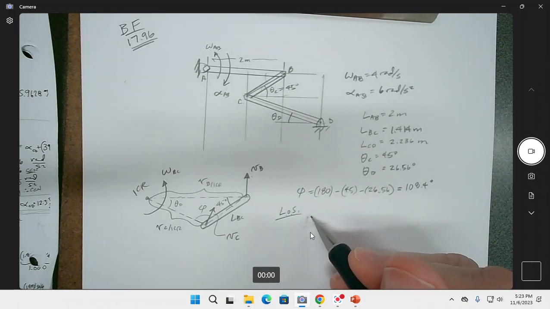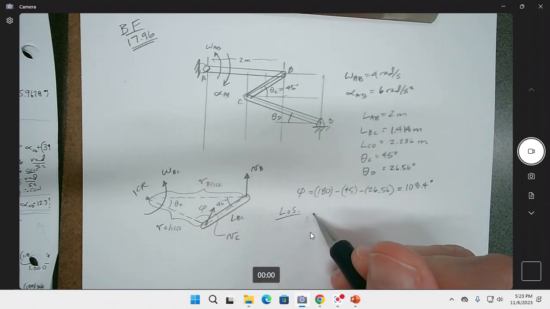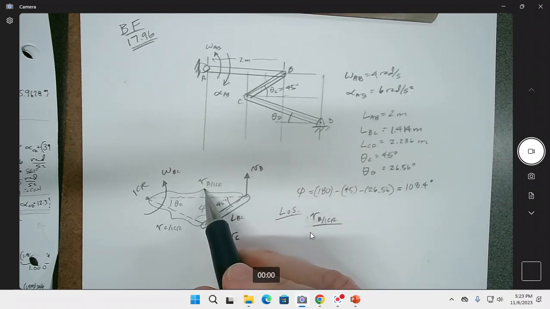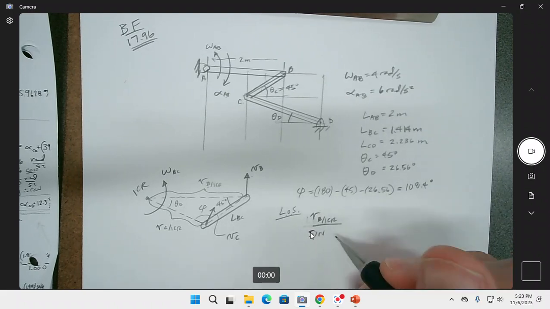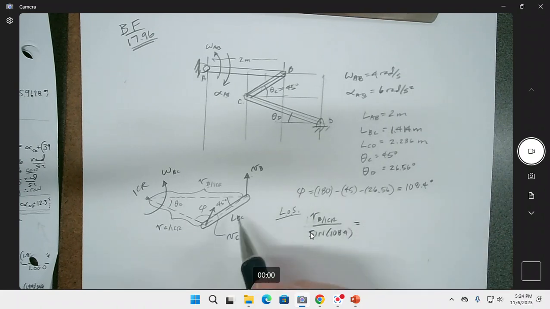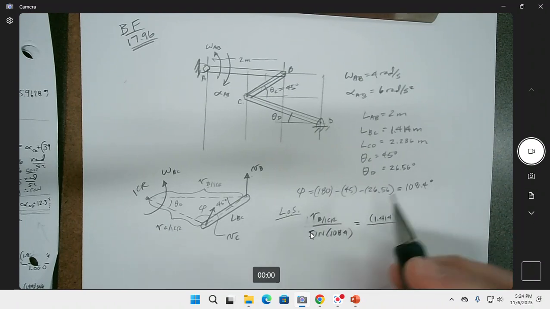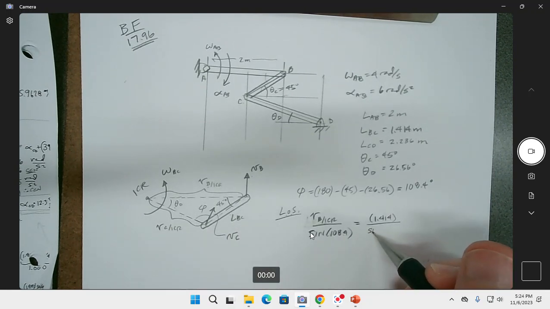The thing I want to get first is RB with respect to ICR. That's an unknown. We're going to divide it by the sine of the angle that's across from it, so the sine of 108.4. That's equal to this known length, 1.414, and that's across from here, so the sine of 26.56.